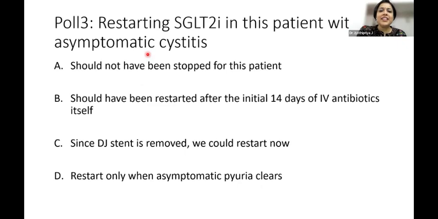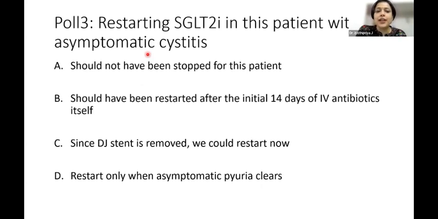Dr. Jyotipriya, poll 3. So moving on to the third poll. Regarding restarting SGLT2 inhibitors in this patient with asymptomatic cystitis, what will be your approach? Option A, should not have been stopped for this patient. Option B, should have been restarted after the initial 14 days of IV antibiotics itself. Option C, since DJ stent is removed, we could restart now.